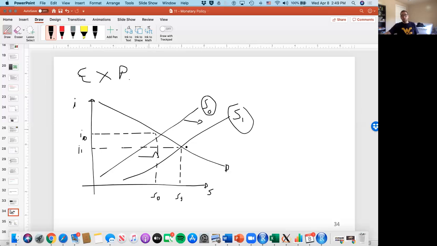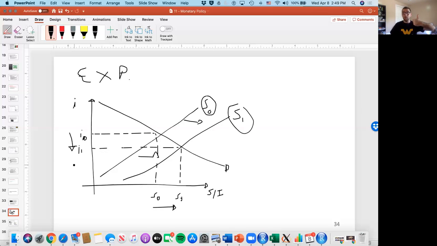Okay, so we know the total savings is going to increase. When I say savings, it's savings and investments, right? However, the interest rate is going to decrease. So what is happening here? Let's think. The Fed is buying T-bonds from banks. Banks now have an increase in reserves, right?